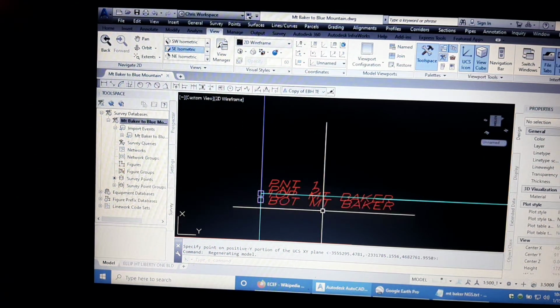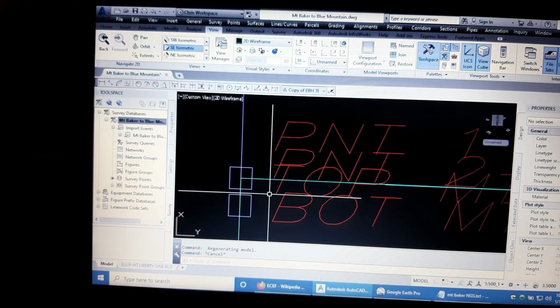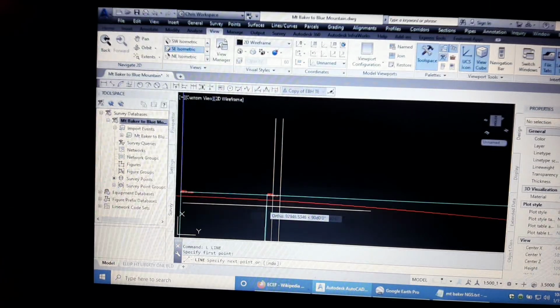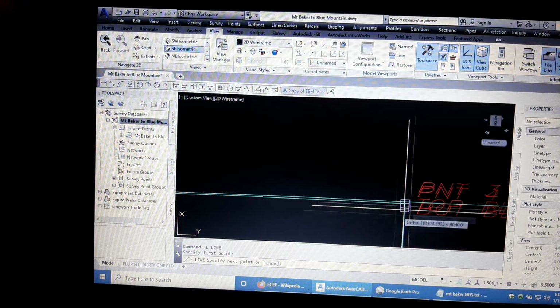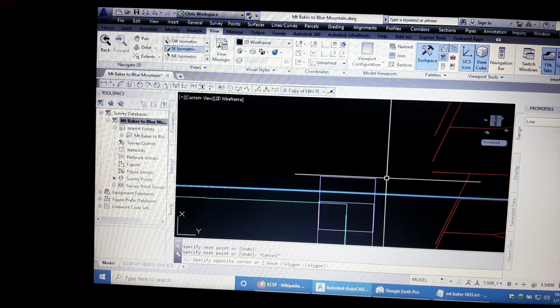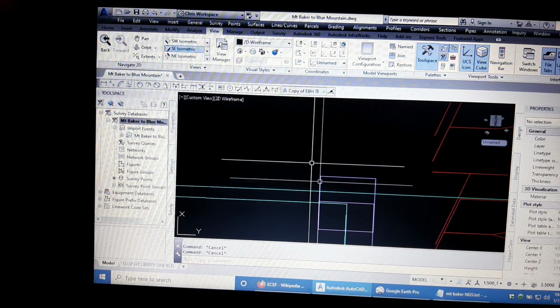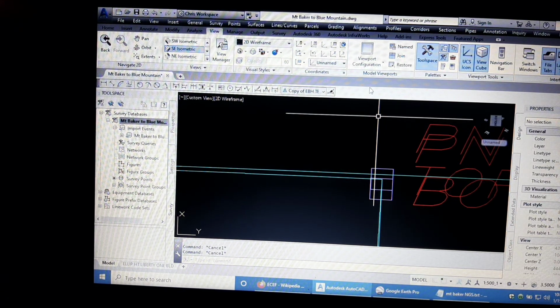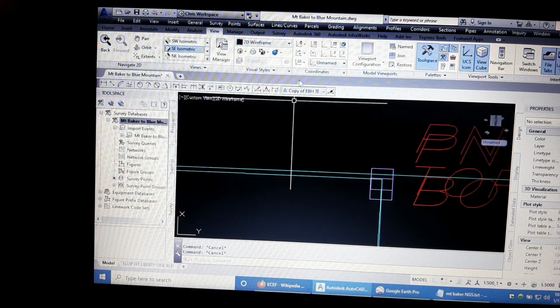So there's Mount Baker. So I'm striking a line 90 degrees to that point, which I already have. Okay, so I measure it. So it's above the mountain. Okay, so let's see what I get. He got 0.05. Okay.